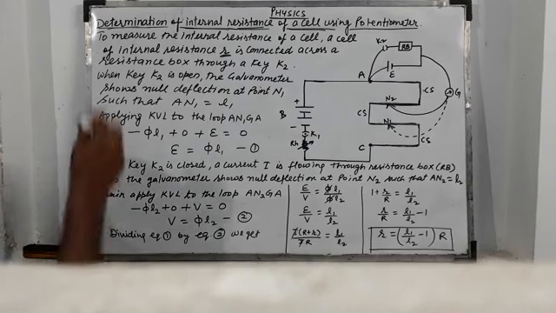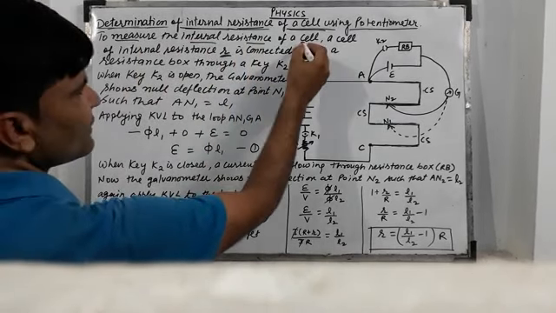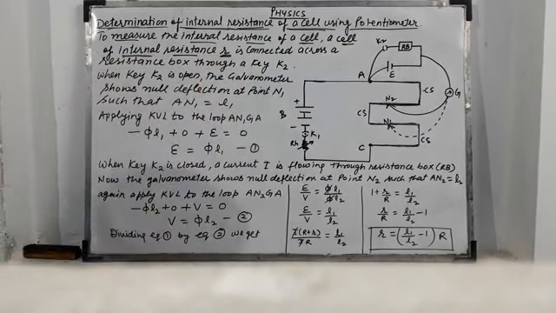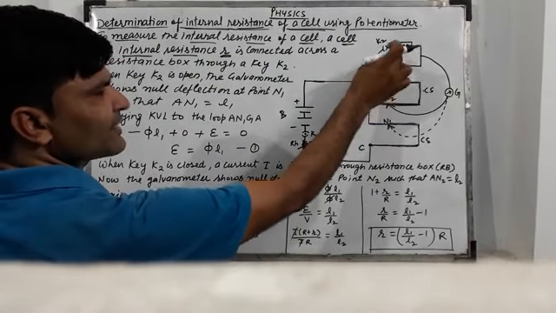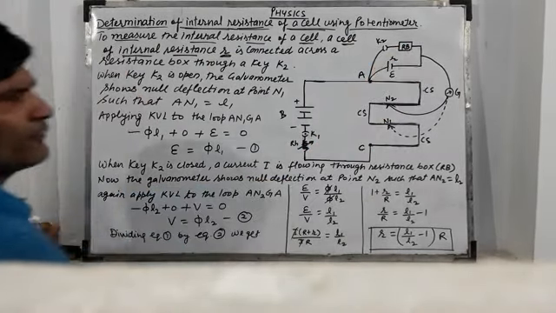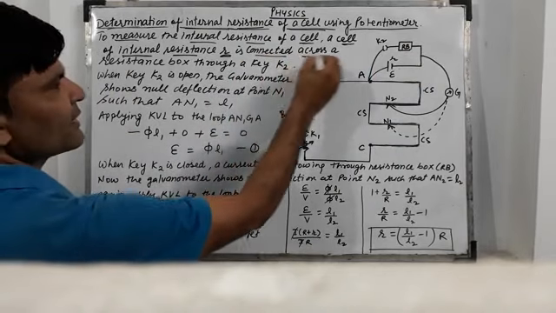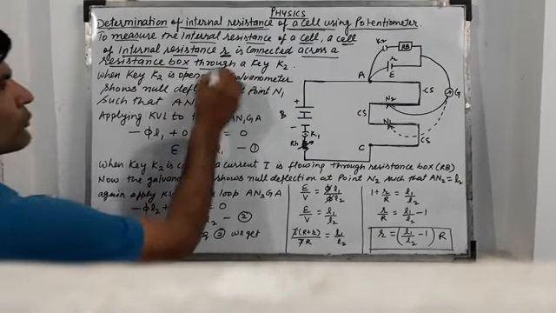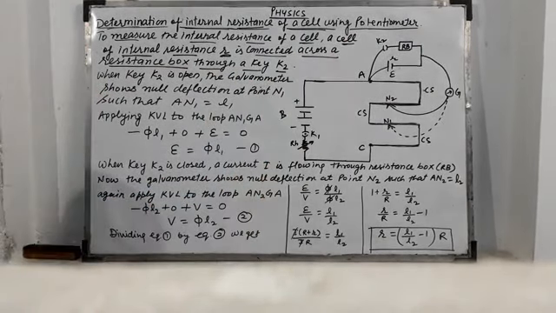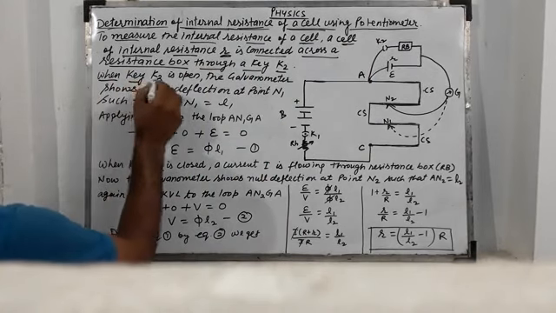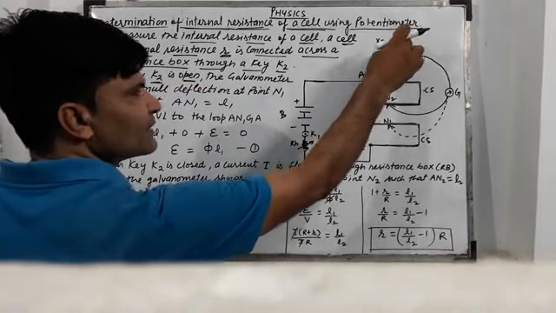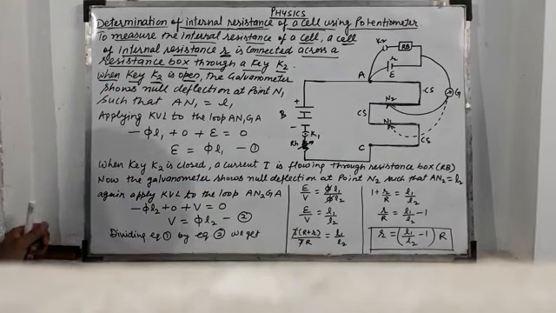So, to measure the internal resistance, a cell of internal resistance r and EMF E is connected across a resistance box through a key K2. When key K2 is open, it means the current is not drawn from the cell.